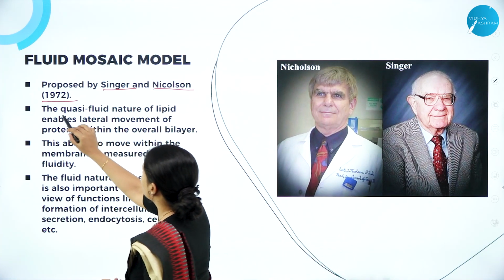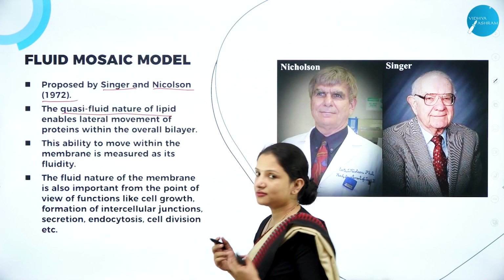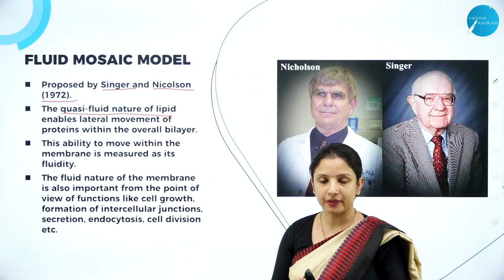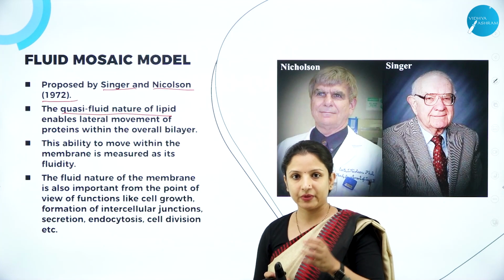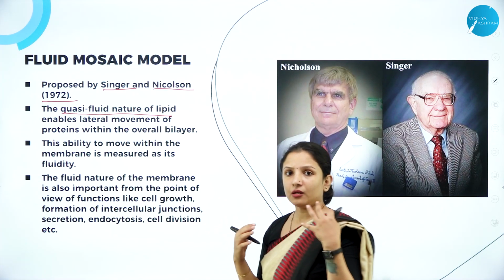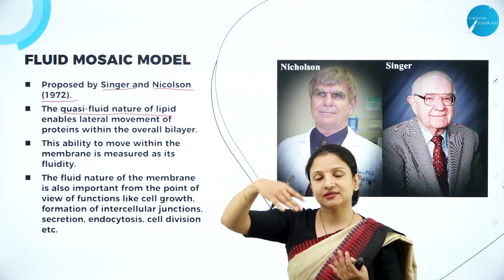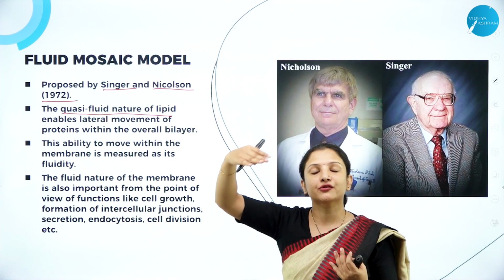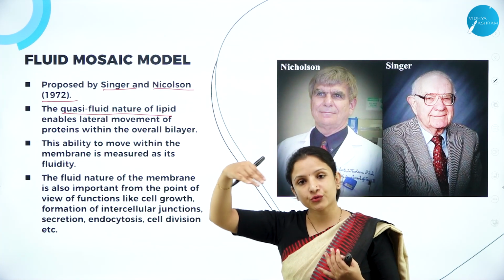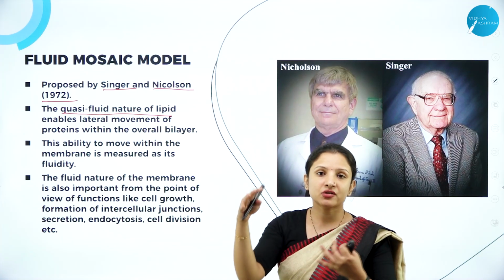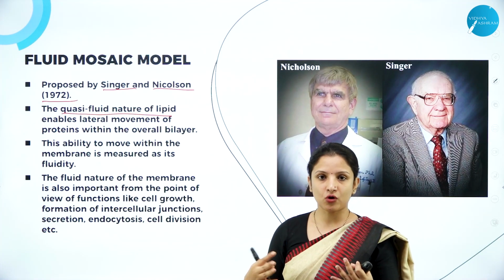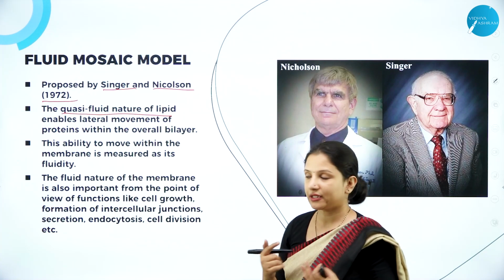So what is this quasi-fluid nature of lipid? It means that whatever substances, especially the proteins, are entering through the plasma membrane or through the lipid bilayer, can travel freely wherever they want through the phospholipids. So that is what it means.